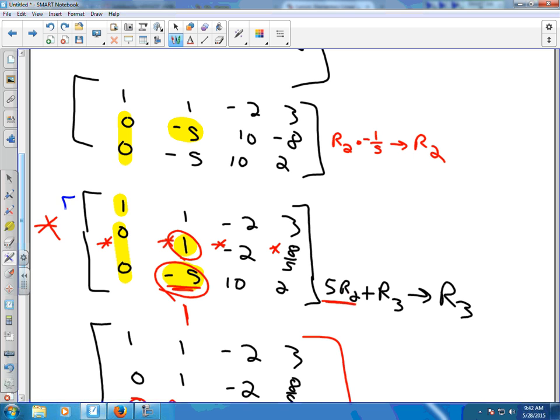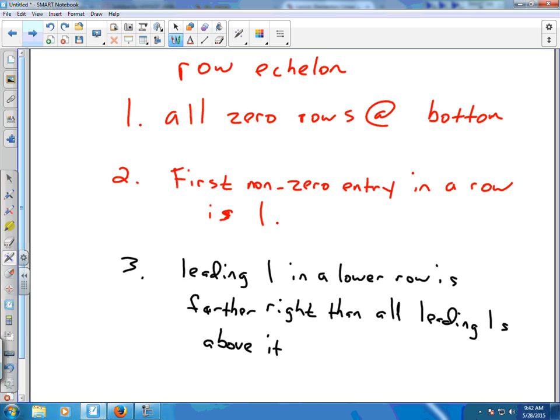Going from the first to the second row, since the pivot was here, we can't have it there again, so we needed that to be 0. That's why we ended up with a 1 there and not there. So each successive row, basically, the leading coefficient is farther to the right than any previous row.